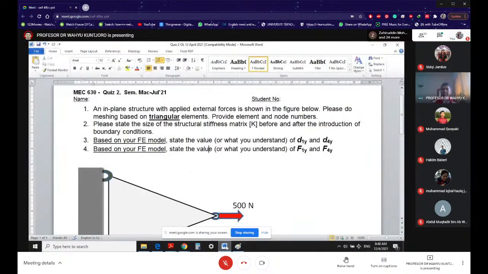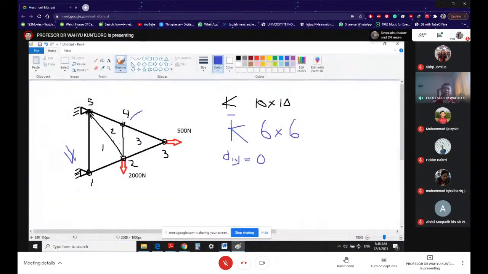What about the next question? D4Y. That's D4Y, the next question. So D4Y is going to be over here. At node number 4, in the Y direction, then D4Y. How are you going to answer that?